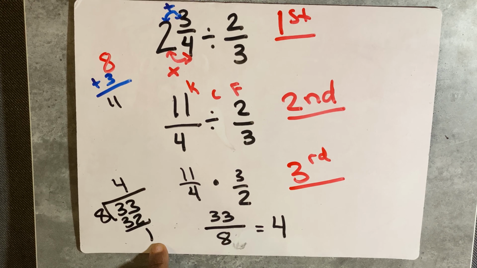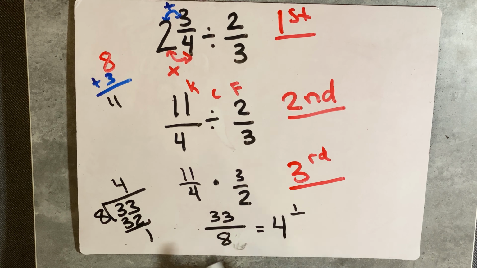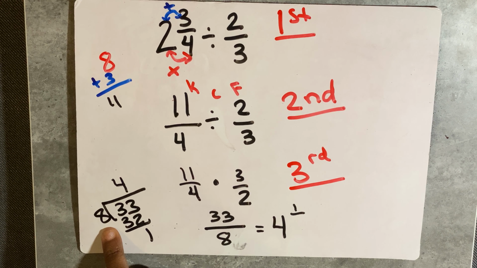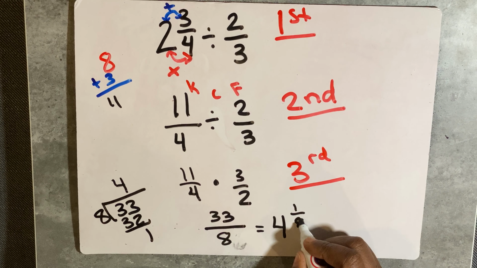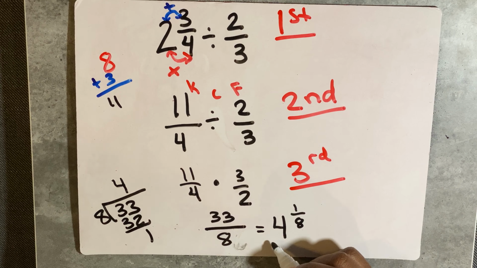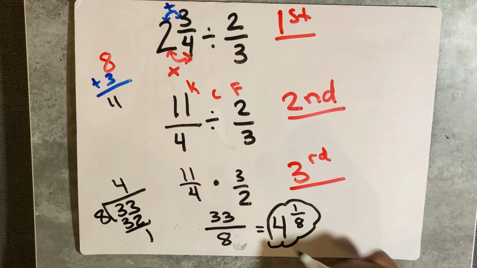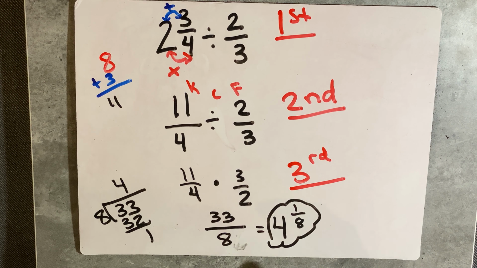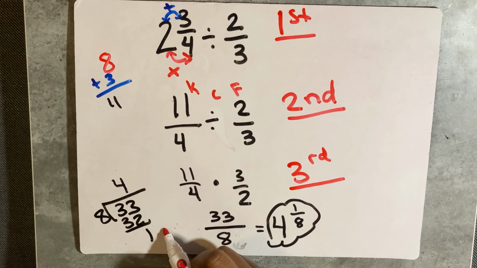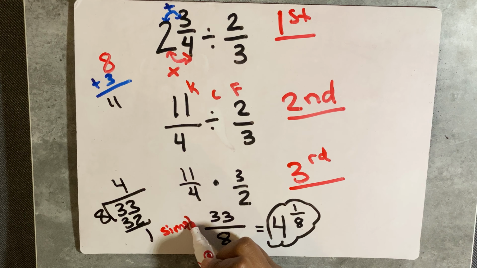So then my remainder becomes my numerator and my denominator stays my denominator. And this is if you have a 4th step. Okay, this is the simplifying part. So this is where we simplified.